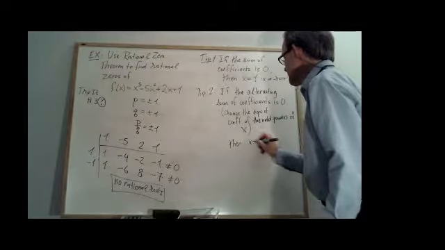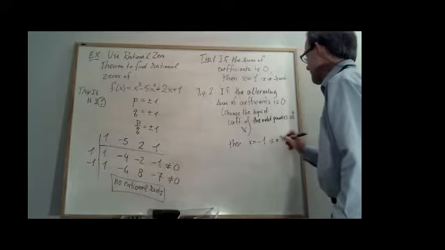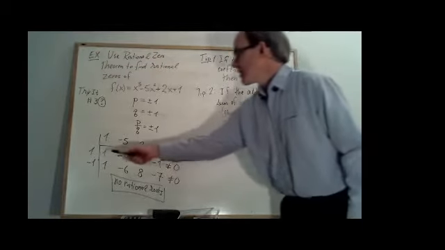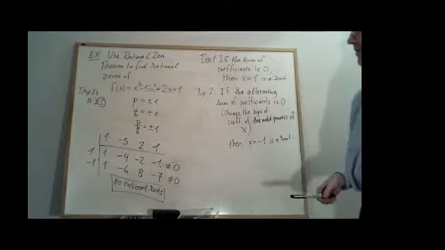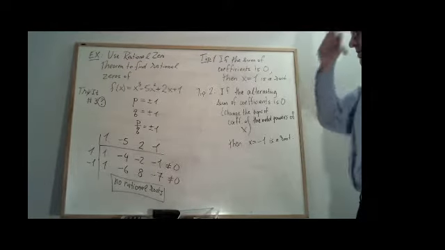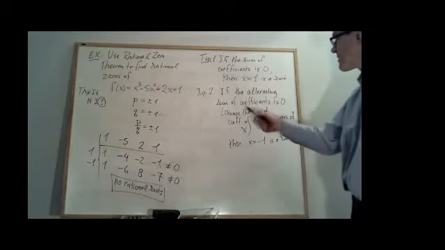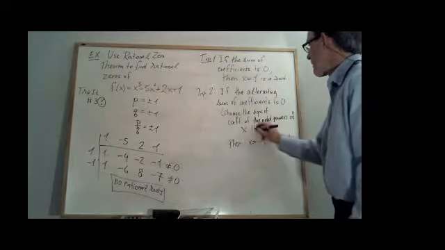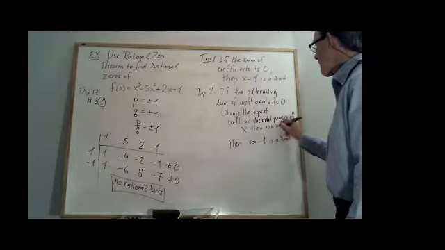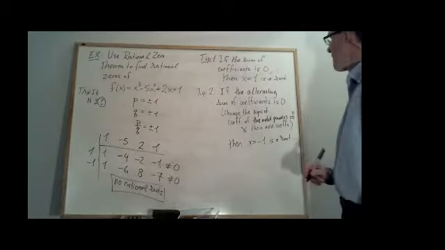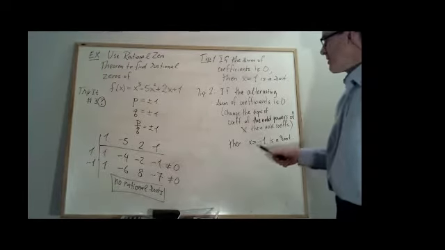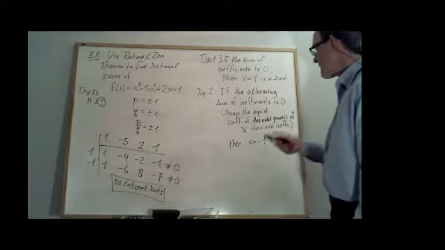Minus 1 is going to be a root. Because that's what you do when you evaluate at minus 1. You change the sign every time before you add it to the next coefficient. So just changing the signs of the odd powers and then adding gives you the result of the evaluation. If the result of the evaluation is 0, then minus 1 is a root.